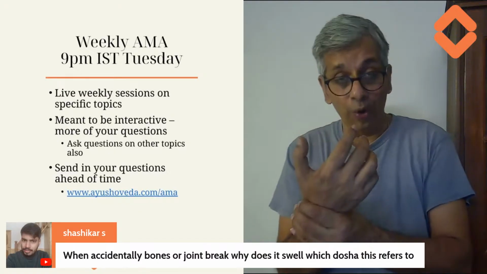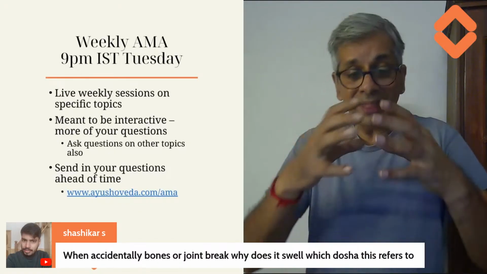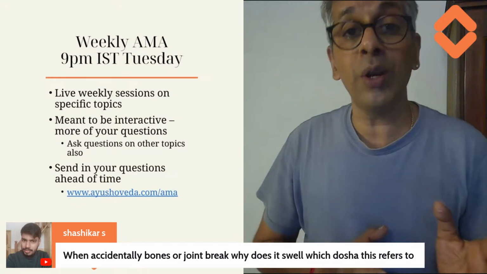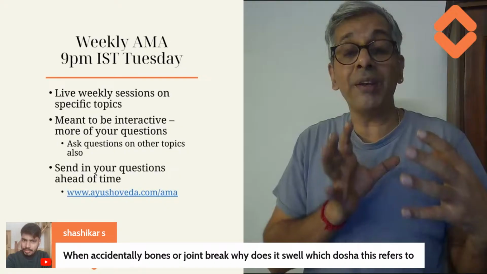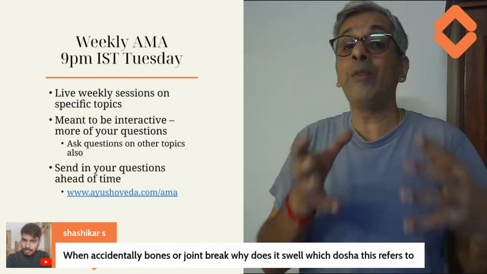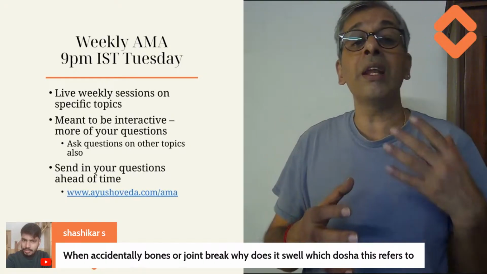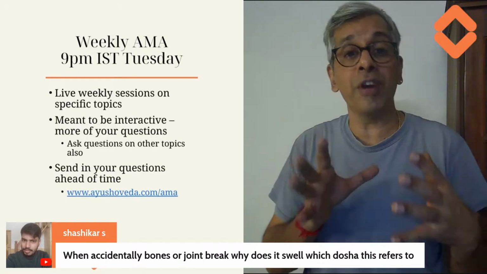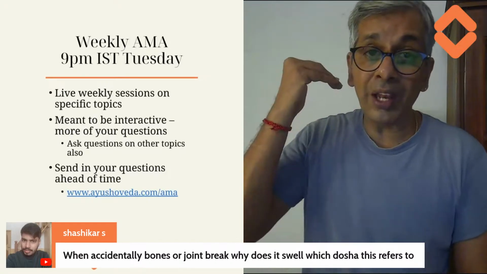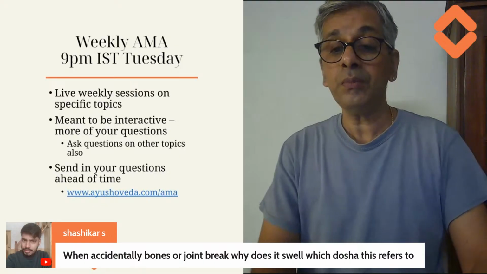You get swelling more when there is a sprain, and that swelling is, as I said, basically the body's natural mechanism to protect that area so that you don't move it. It swells. And any swelling where you see heat, there is basically pitta and a lot of kapha over there. That kapha has to be taken care of. Once that swelling goes down, only then will you feel better.